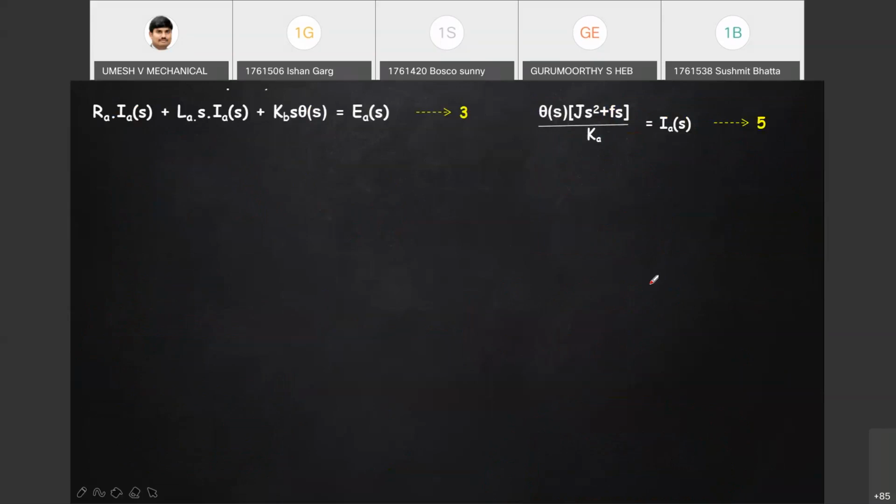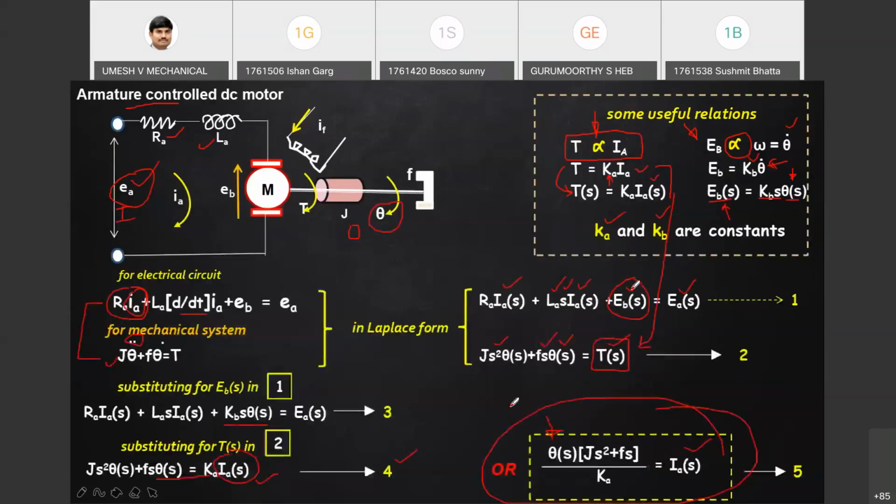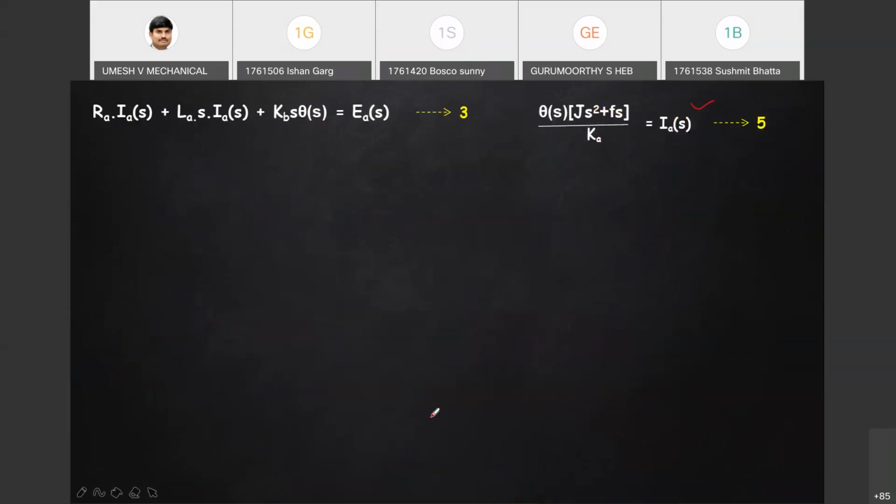So equation 5 is here, I carried it as it is. And equation 3 from the previous slide is also carried as it is without any change. Now let us see whether we can combine these two, because here Ia(s) is common.